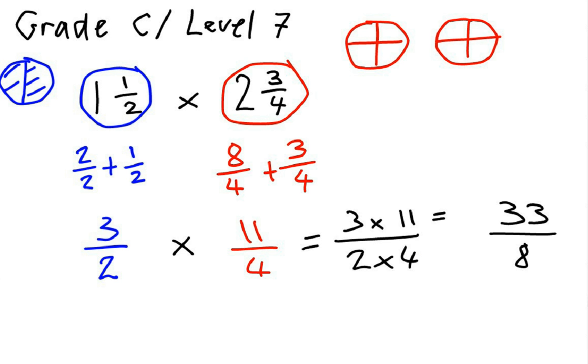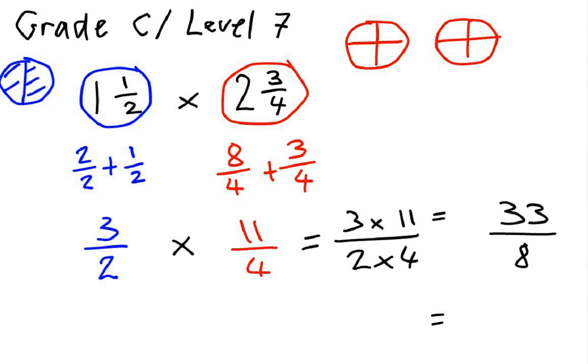Okay, we're not quite done there yet, as this is an improper fraction. Remember, the numerator here is bigger than the denominator. So what we need to ask ourselves is how many whole lots of 8 go into 33. Remember, a fraction is a division that is yet to be completed. So 33/8 means 33 divided by 8. How many whole 8s go into 33?